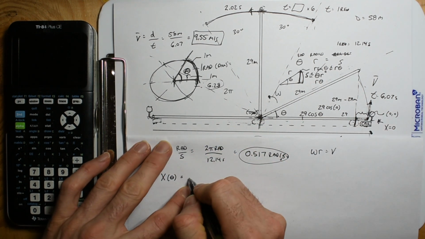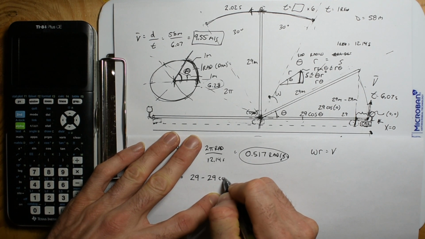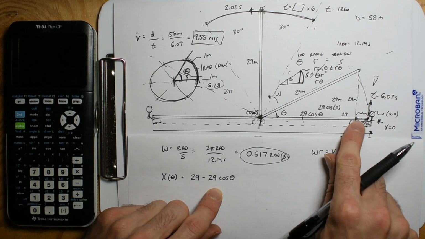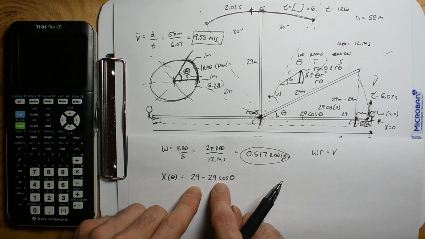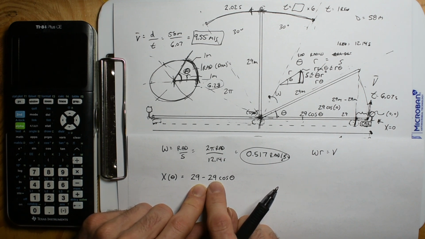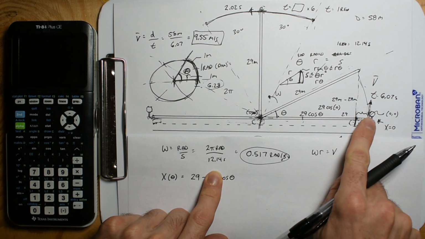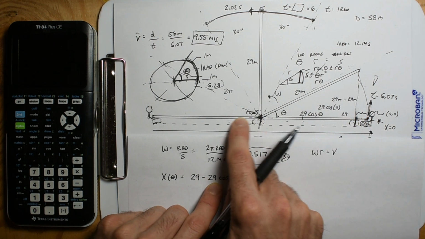So we can say that x is going to be 29 minus 29 cosine theta. And then when cosine is 90, this is going to be 0. So then our distance is going to be 29. But then how do we get more distance?